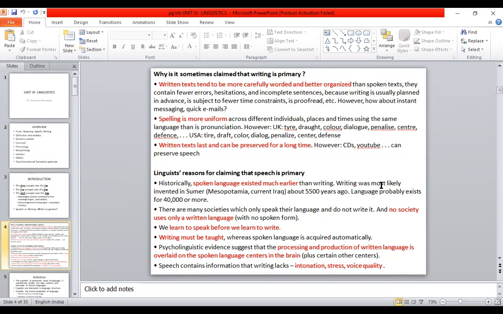But when compared to speech, the written text has fewer errors. Okay, so that's one. Then spelling is more uniform when it comes to writing, because you have a written record, a kind of proof which you can refer to at any point of time. So spelling is more uniform.